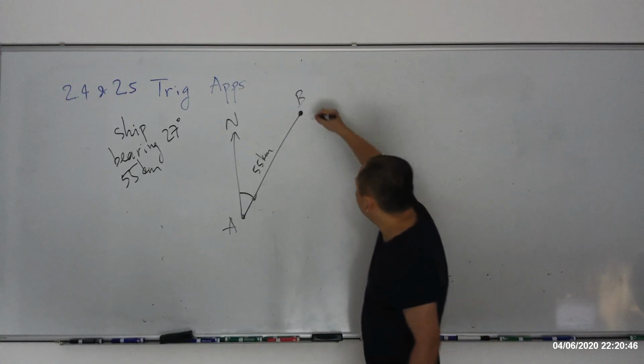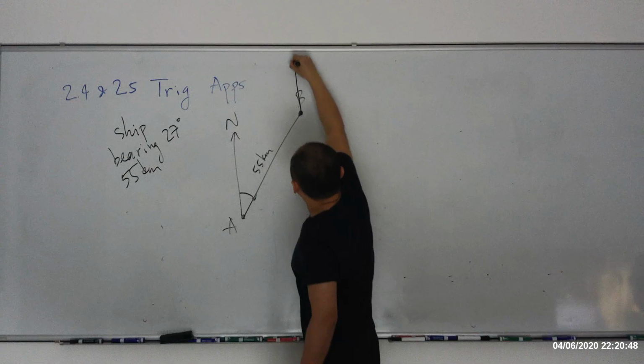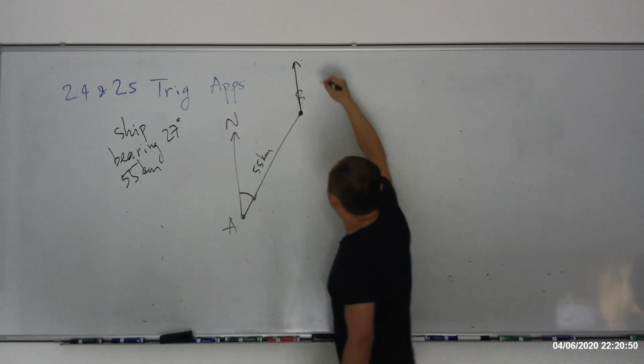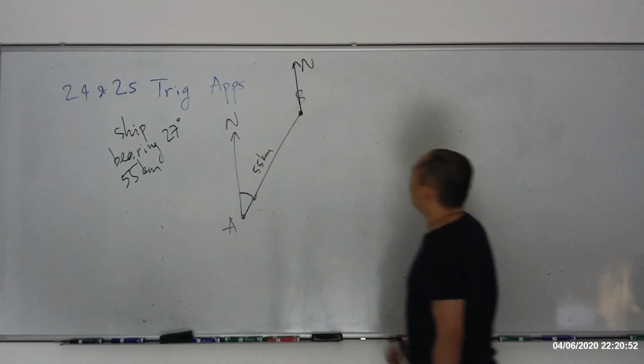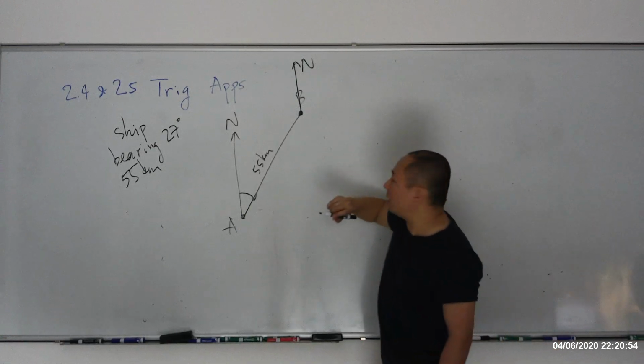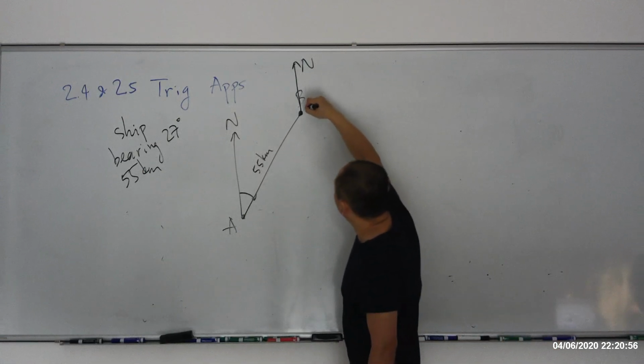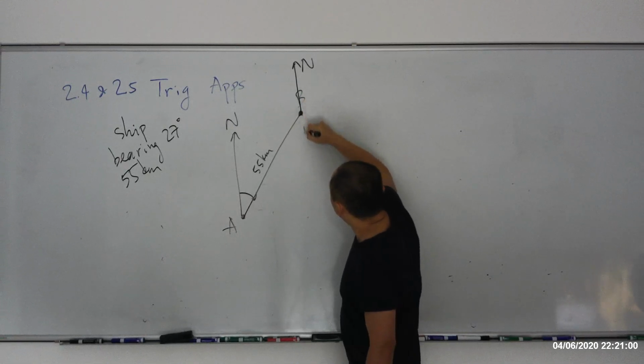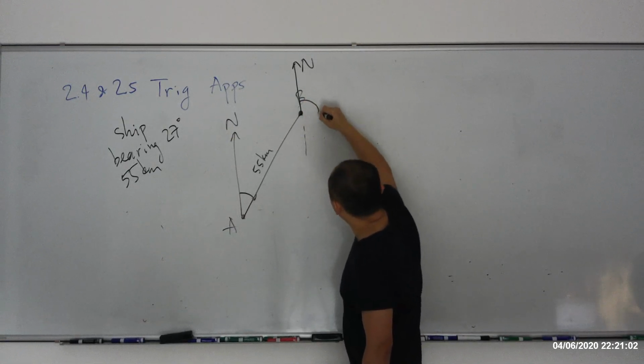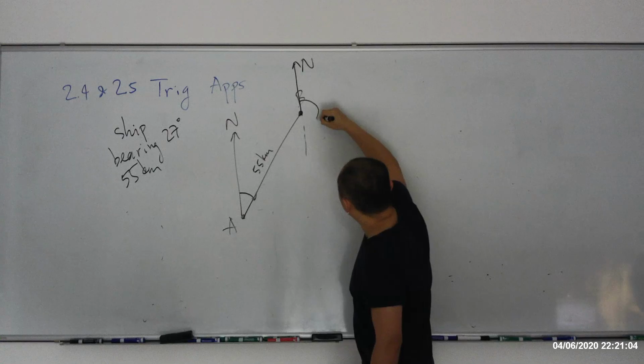So from here, we start our compass right here and right there, and now I'm going to open an angle of 117 degrees. Oh boy, it's going to be an obtuse angle. This is 180, so 117 is that much.